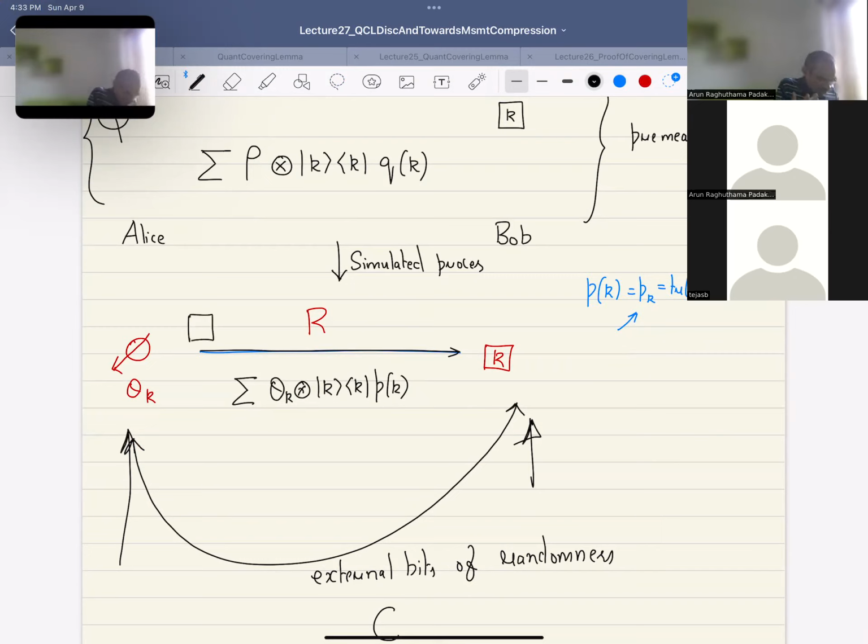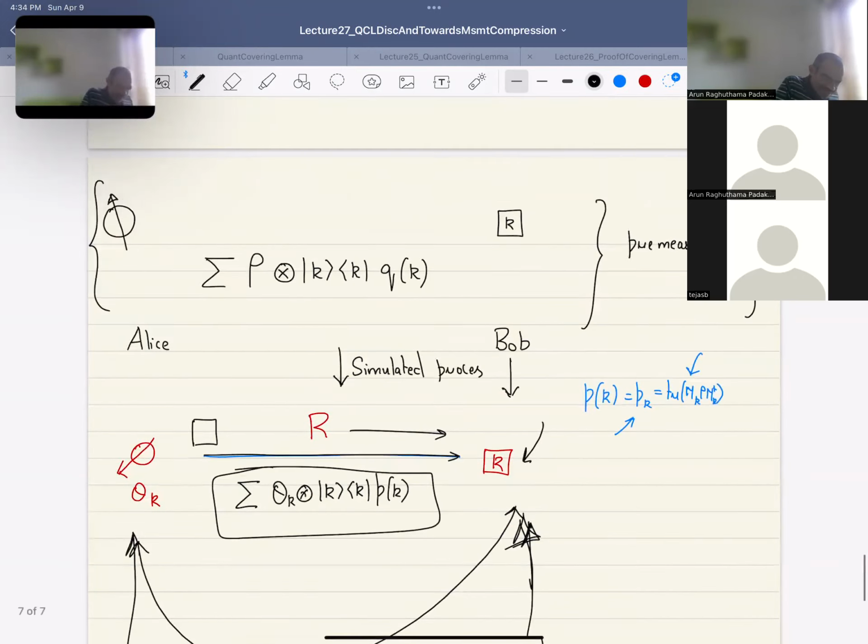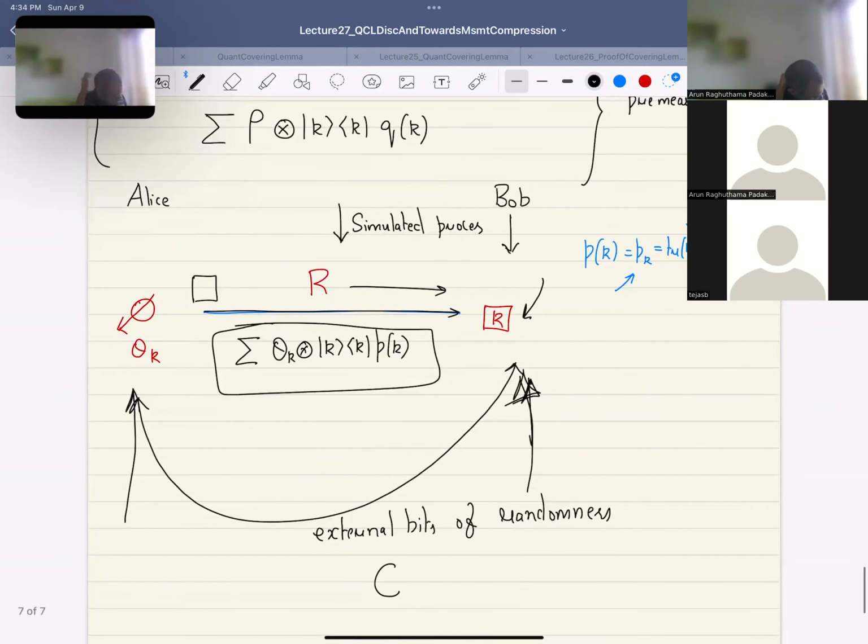She will store some bits in her classical register. She will take R bits out of that and give it to Bob. Bob will also get some external bits of randomness. And suppose they can simulate this quantum state post this process, then I claim that Bob's register has exactly the same information content as if he had done the original measurement. Do you agree?